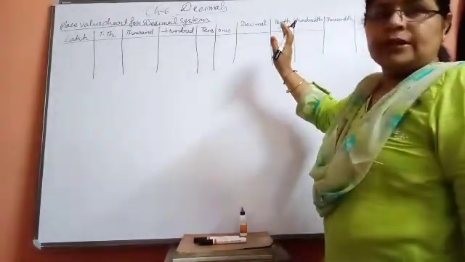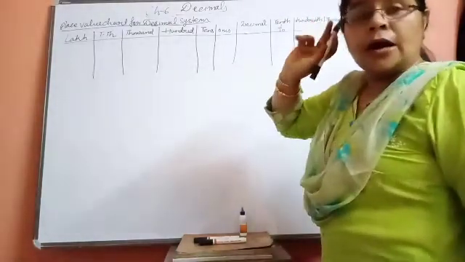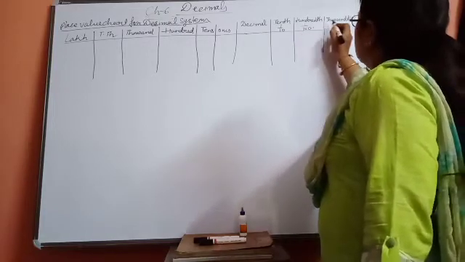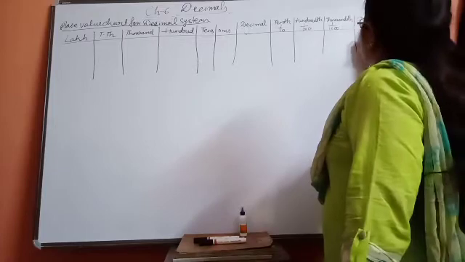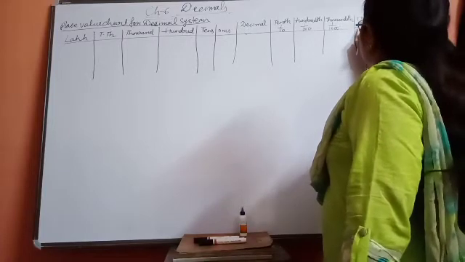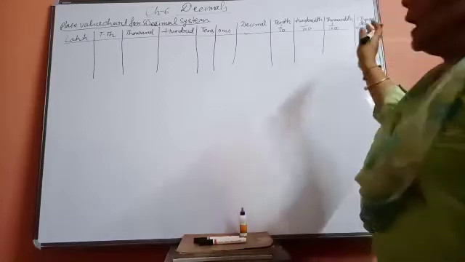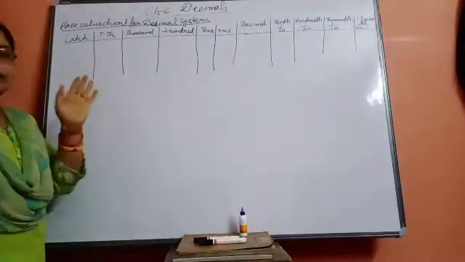Hundredth, not 100, hundredth, means divided by 100. Thousandth means divided by 1000. Ten-thousandth means divided by 10,000. So this is known as our place value chart for the decimal system.